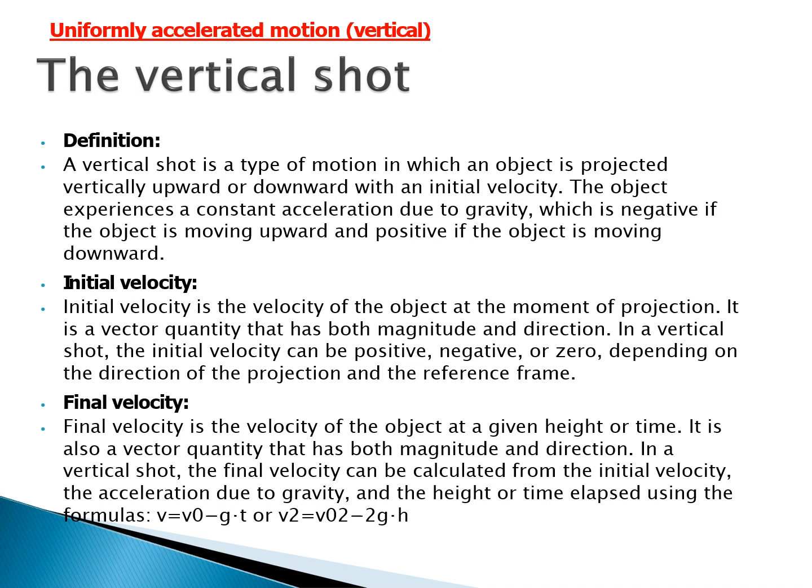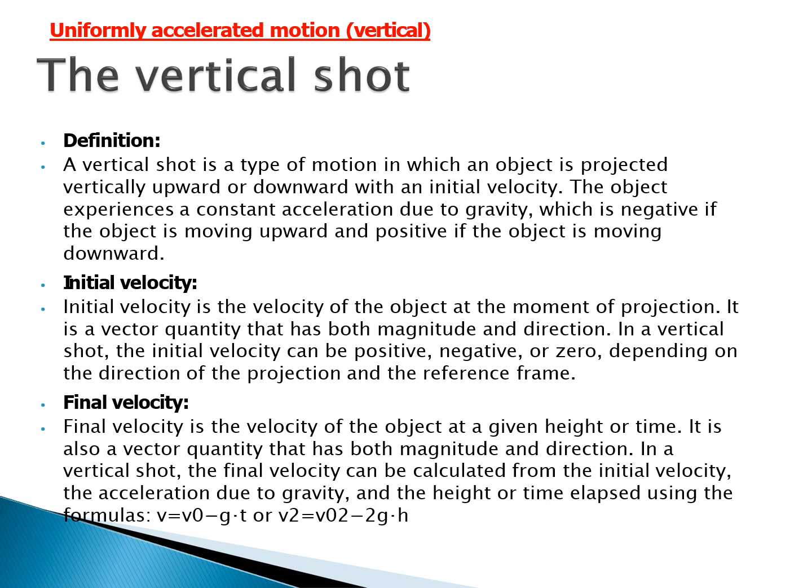The time of flight is the total time that the object stays in the air, which is twice the time to reach the maximum height, or t equals 2 v0 divided by g. The range is the distance covered by the object during its flight, which depends on its horizontal component of velocity, if any.